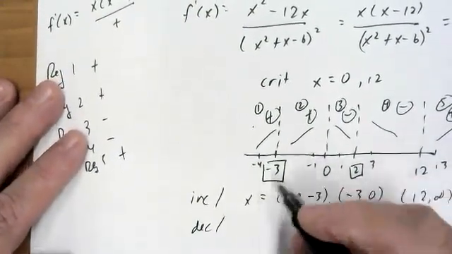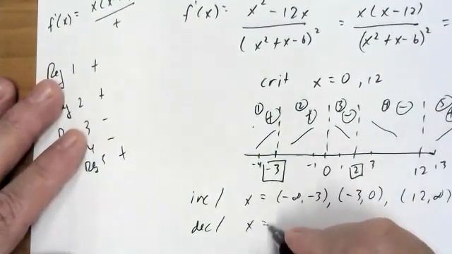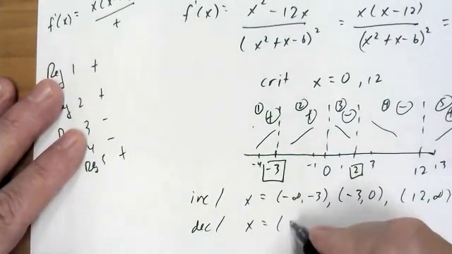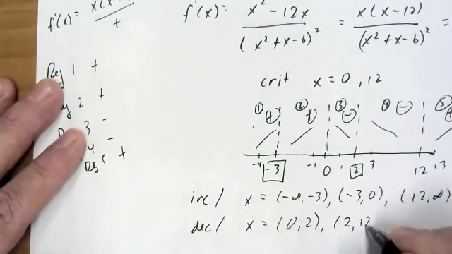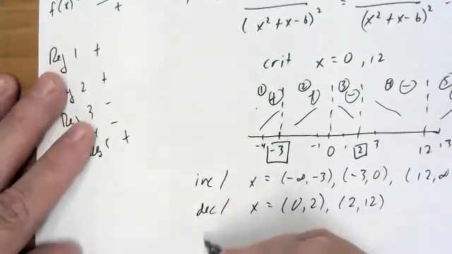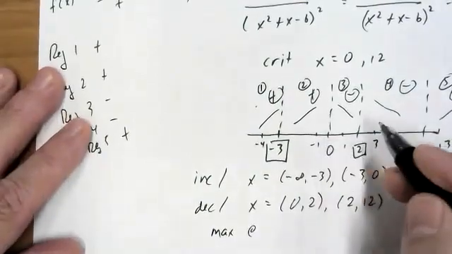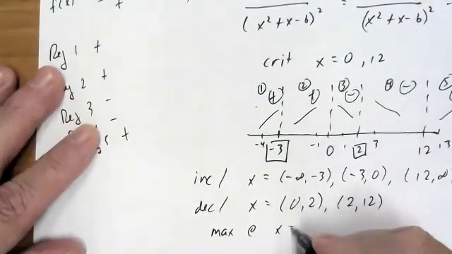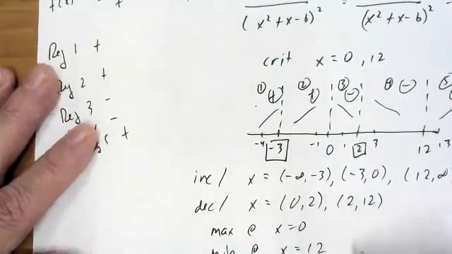Decreasing, regions 3 and 4, 0 to 2 and 2 to 12. And then I have a max at x equals 0 and a minimum at x equals 12.